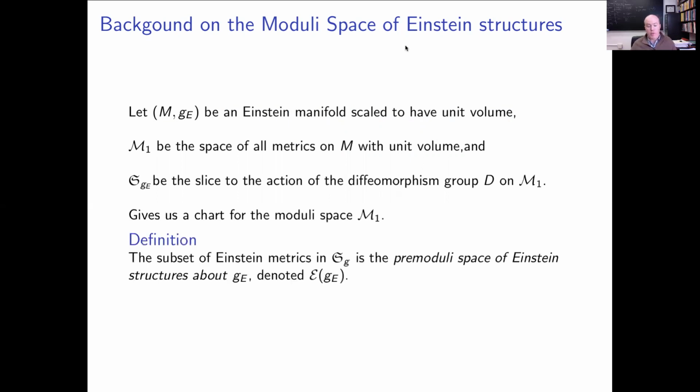So this gives us a chart for the moduli space, and the subset of Einstein metrics inside this slice is called the pre-moduli space of Einstein metrics, which is going to be denoted by uppercase epsilon of g_E.